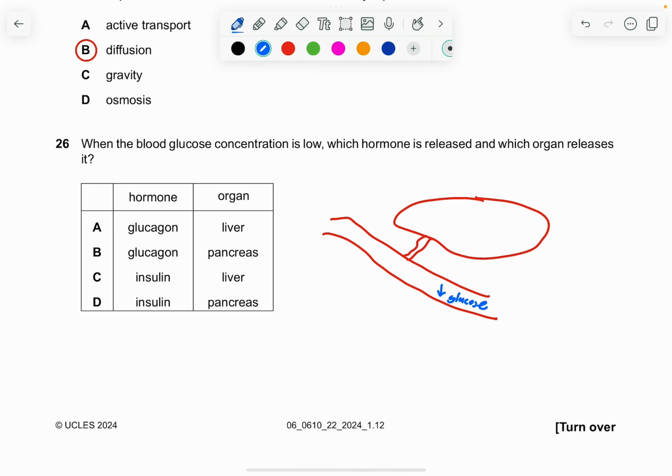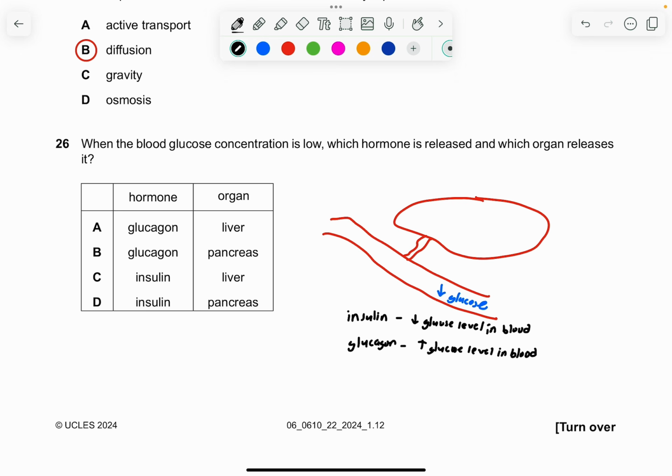So your body will detect that there is a lower blood glucose concentration in the body. There are only two hormones that we have studied, which are insulin and glucagon. The role of insulin is to lower the glucose levels in the blood. Glucagon is to increase the glucose level in the blood.